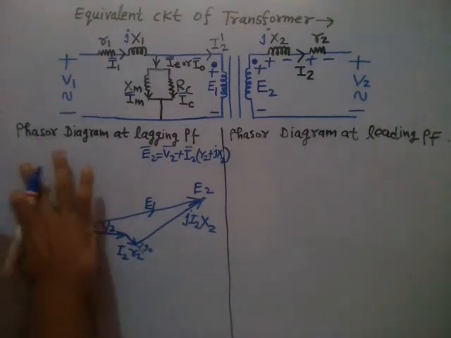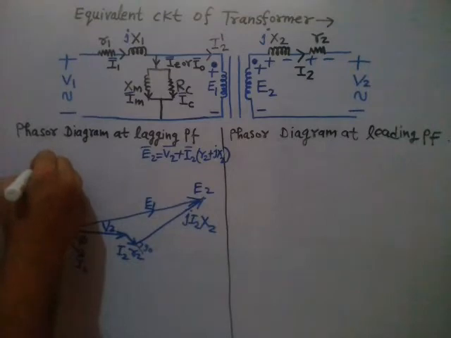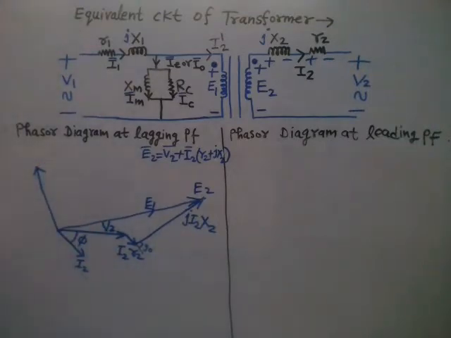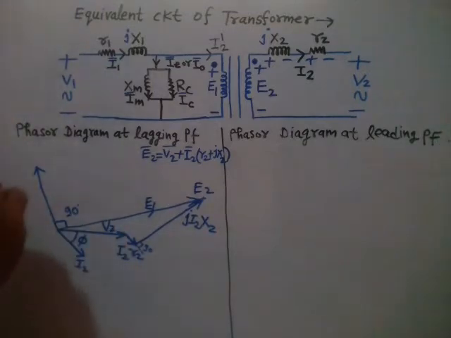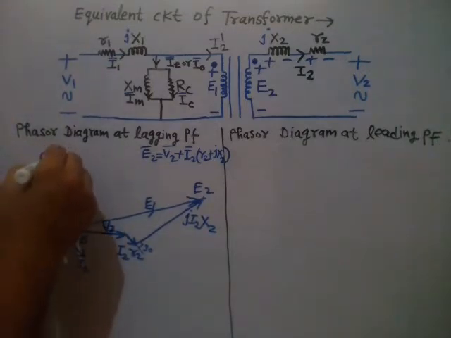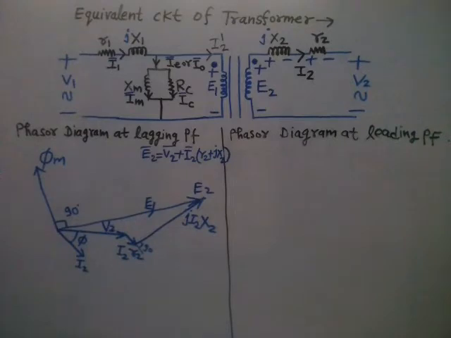Okay, so this is the flux, right? Phase difference between flux and induced EMF is 90 degree, because flux and EMF both are in phase quadrature always. So this is the mutual flux phi m. All right, okay.